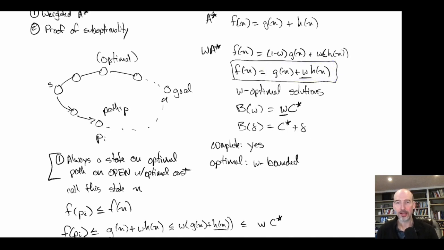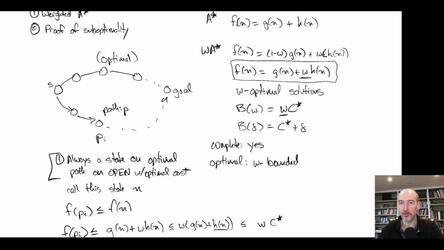And weighted A star actually has two things it must do: one, it must find a solution, and two, it must show that the solution it's found is within the suboptimality bound. Weighted A star does both of those things together because it has a single priority queue sorted by g plus w times h, and that priority queue is trying to do both at the same time, both find the solution and prove that it's within the bound.